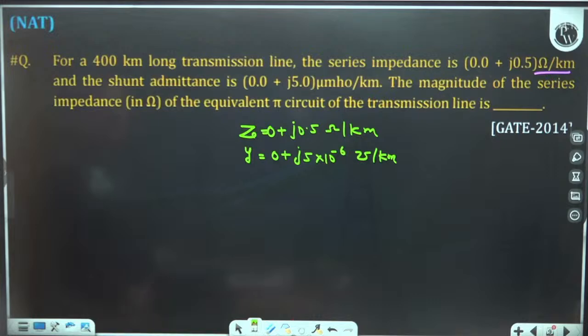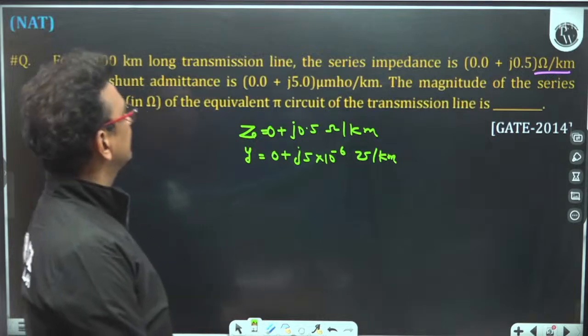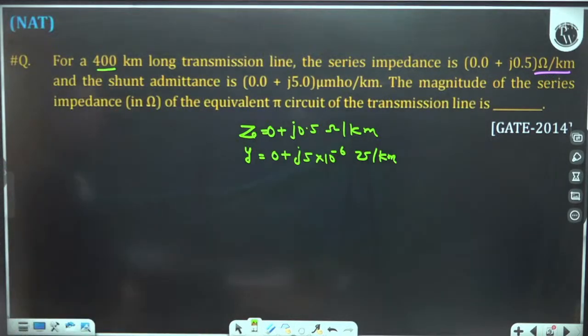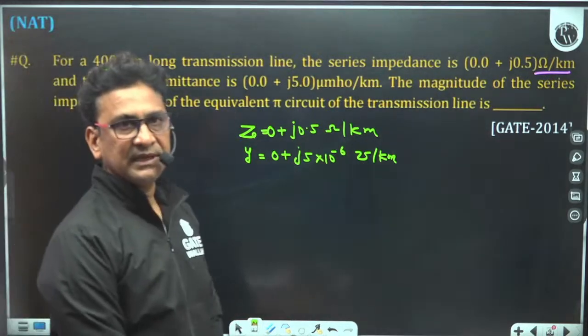The magnitude of series impedance of the equivalent pi circuit of the transmission line will be. Basically, it is a long transmission line.